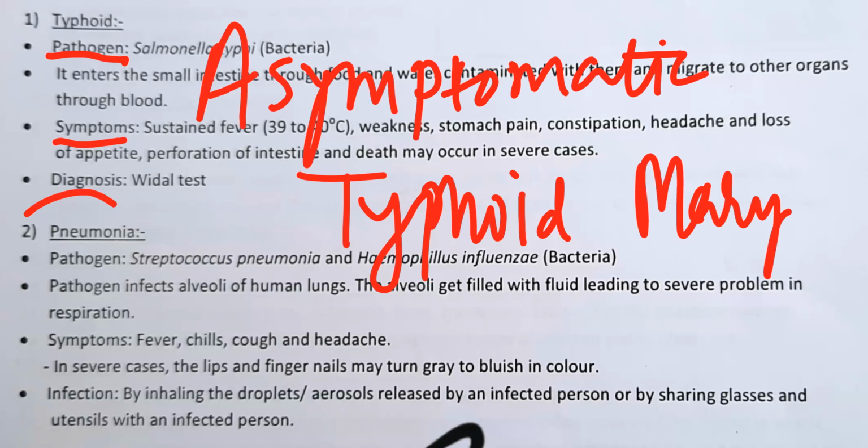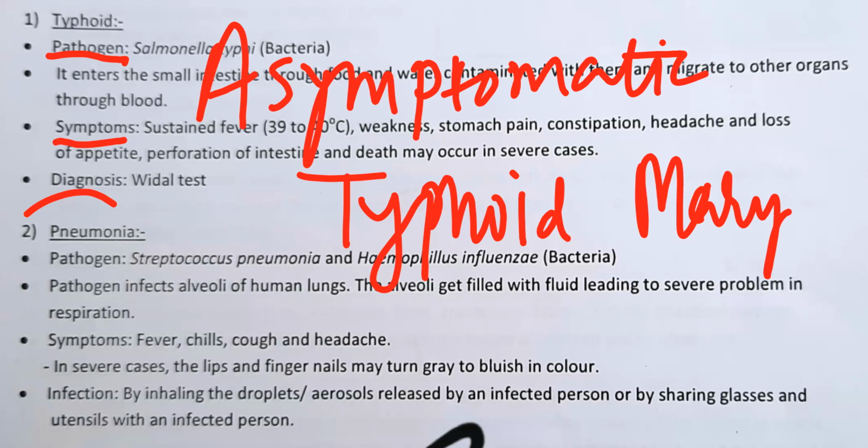What do we mean by asymptomatic patient of typhoid? She was infected with salmonella for a long time. Some say since birth, as her mother herself was infected with typhoid and salmonella during pregnancy.